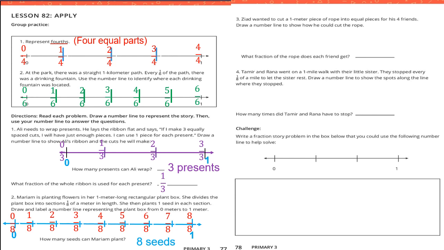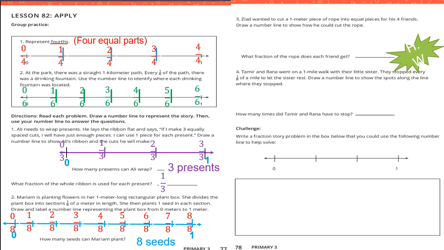Okay, the next page here, example 3 and 4, you can solve it as a homework. Our challenge here, write a fraction story problem in the box below that you could use the number line to help solve.